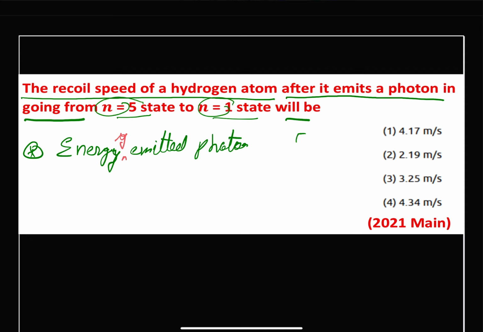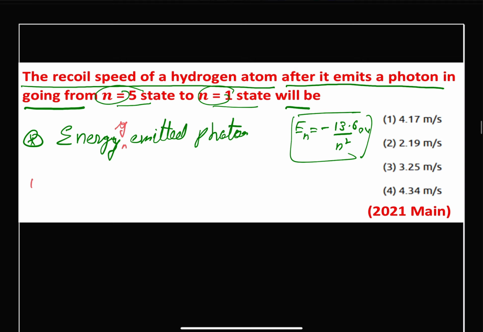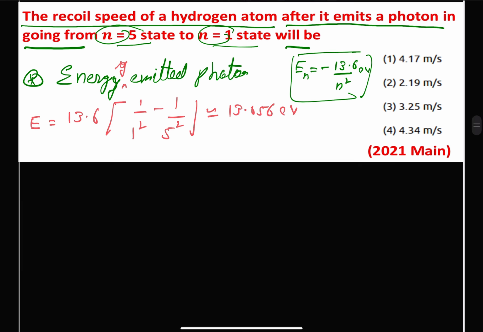And for that we are going to use the formula that E of n is equal to minus 13.6 upon n square electron volt. So the energy emitted, let us suppose that is our E, will be equal to the difference between the two levels. So we can say 13.6 times 1 upon 1 square minus 1 upon 5 square, and this energy is approximately equal to 13.056 electron volt, and we are going to convert this energy into joules.